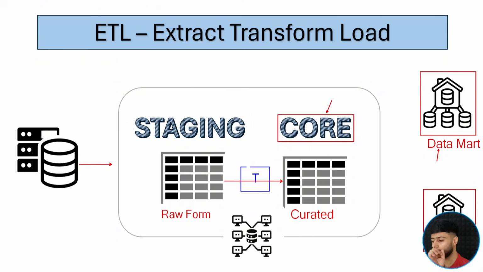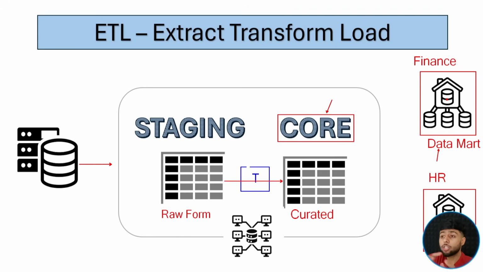What do I mean? Let's say this data warehouse is holding the data of the whole organization. So this data mart can hold your data just for the finance domain. Let's say this data mart is holding data just for the HR domain.